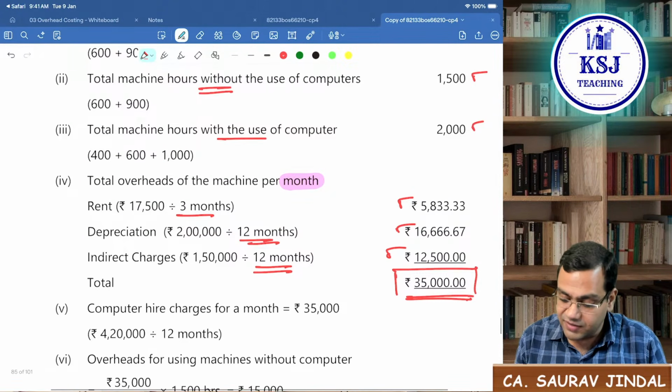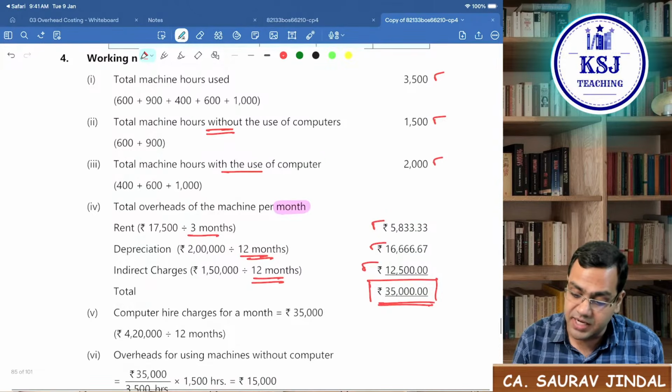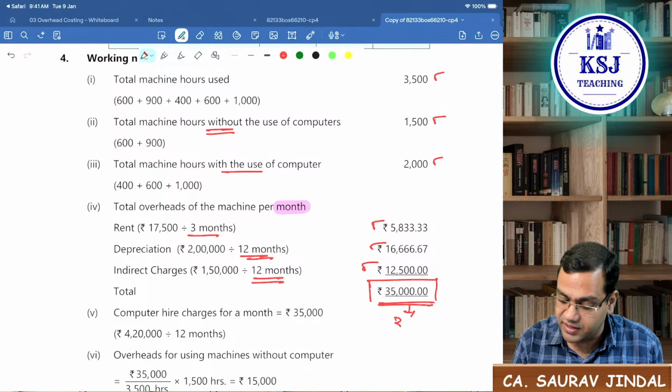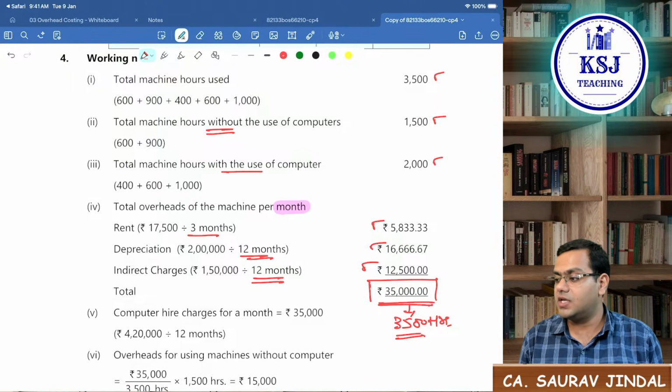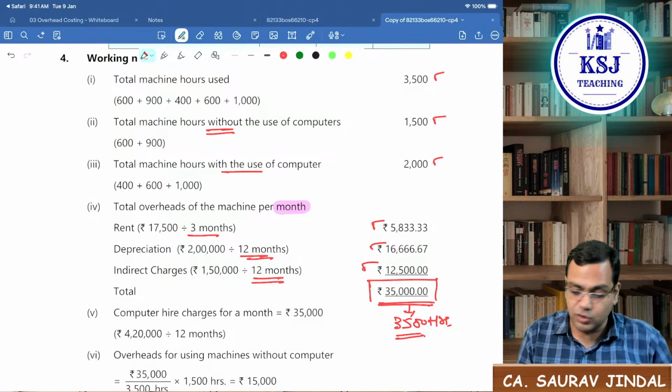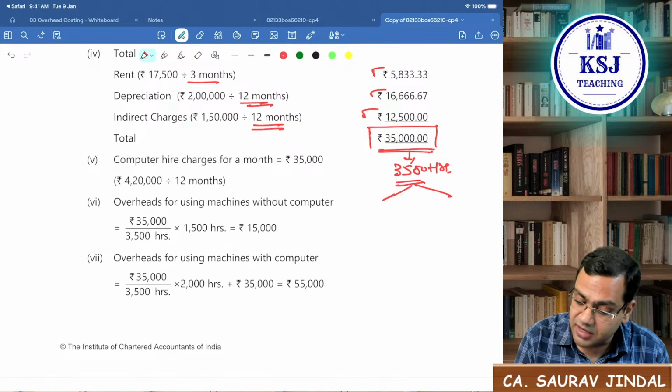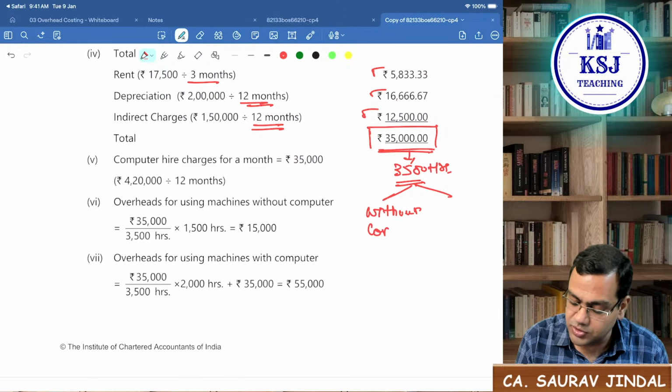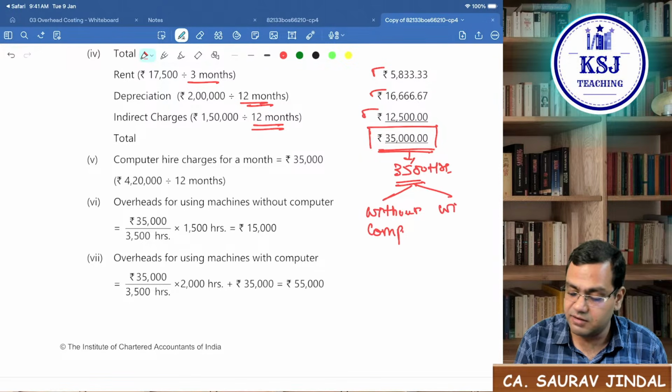Now, this 35,000 of overheads is for how many hours? This is for 3,500 hours. Now, out of this, we have to see how many overheads are without the use of computer, and how many are with the use of computer.